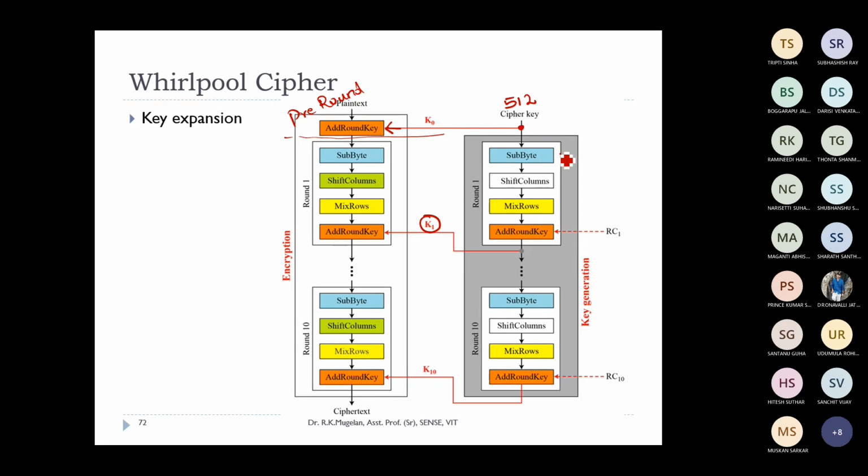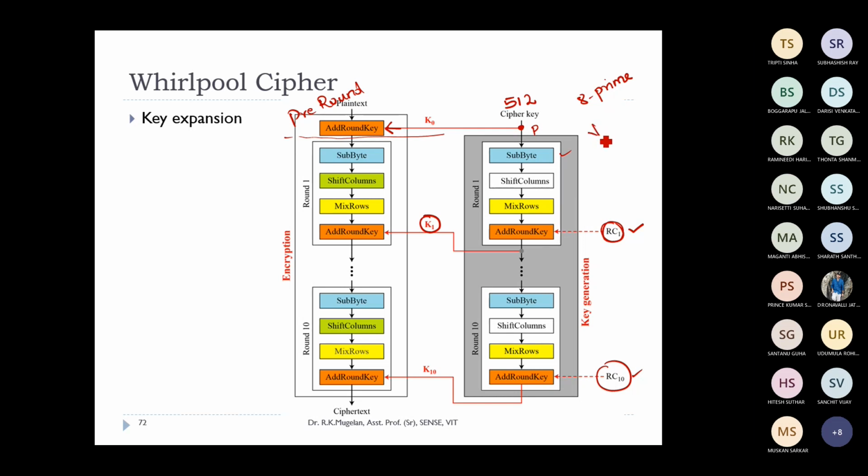They go with the same SubBytes. In this case, the cipher key acts as my plaintext. In the add round key step, we have a round constant called RC1. This round constant is present for all 10 rounds, RC1 to RC10, and these round constants are produced using the first 10 prime numbers.